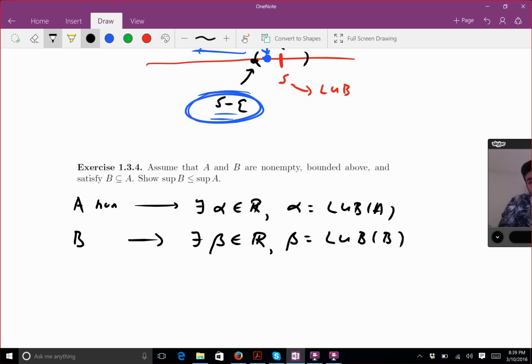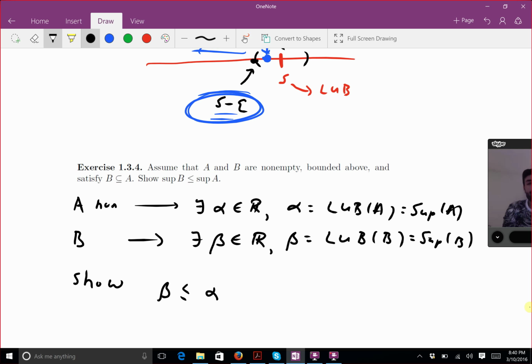And now we want to show that beta has to be less than or equal to alpha, sup B less than or equal to sup A. This is the least upper bound. It means the same thing.